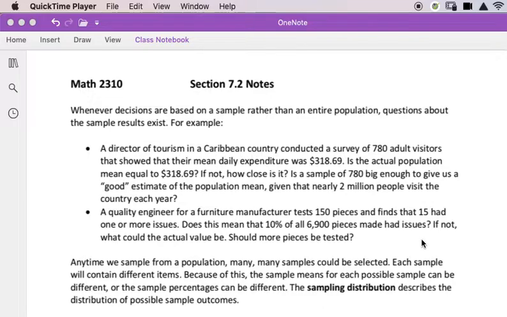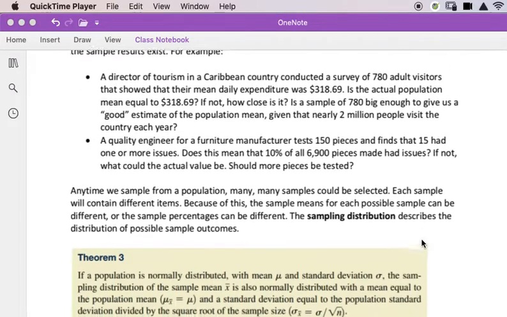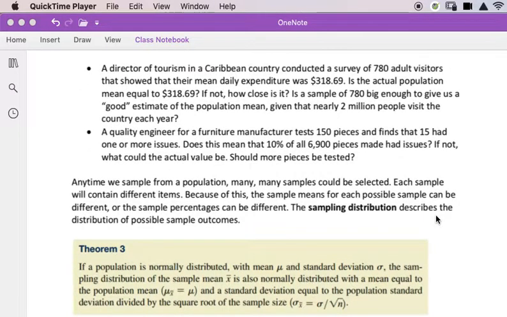Anytime that we take a sample from a population, there are many possible samples, and each sample will contain different items. Anytime we take a sample of 150 pieces of furniture, we're going to get a different group of 150. So each group is going to have a different percentage of pieces that have errors.